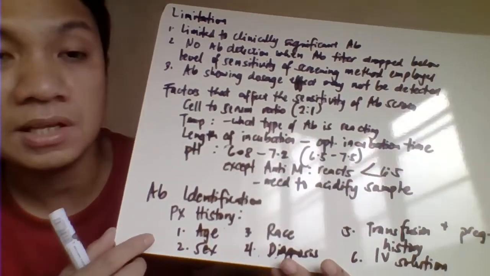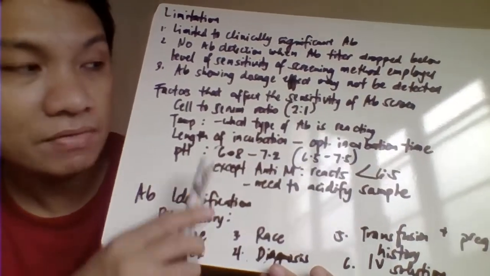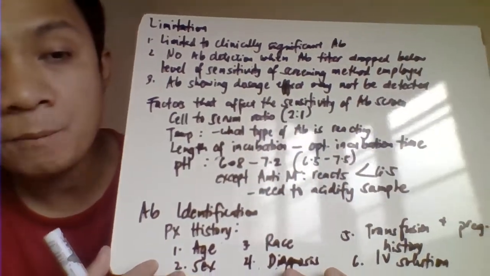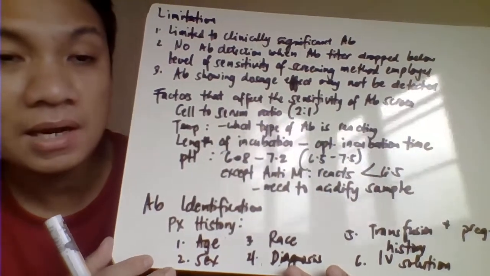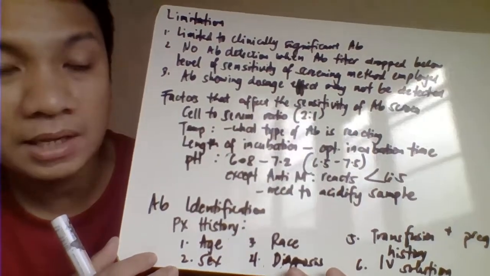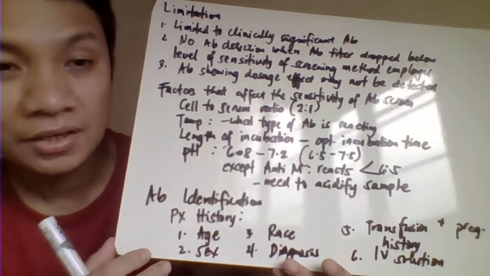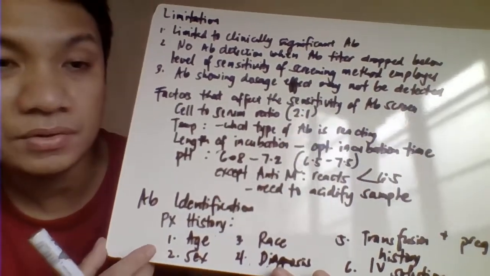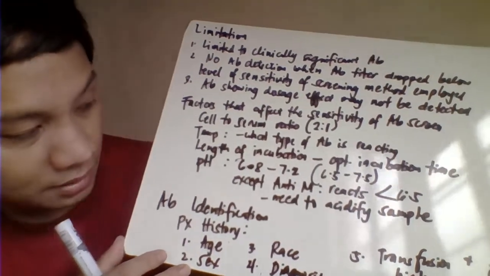So weak reaction that will be missed, especially if that antibody is having a dosage activity. Kaya nga, when you are selecting your panel cells as your antigen, make sure that your reagent contains the antigens which are showing homozygous expression, especially for those antibodies which show their dosage activity.